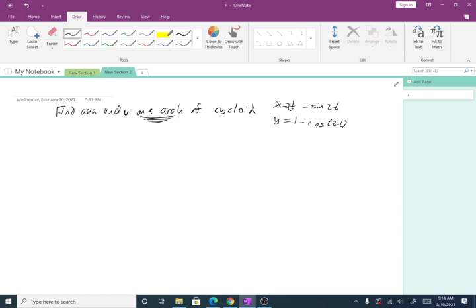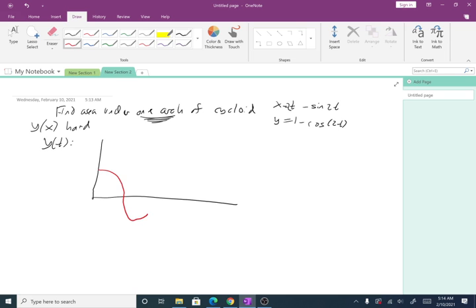So I'm not going to try to draw a cycloid y as a function of x, but I can certainly do y as a function of t. Let me just quickly draw cosine for those of you who would like a refresher. Here's pi over 2, here's pi, here's 3 pi over 2, here's 2 pi.